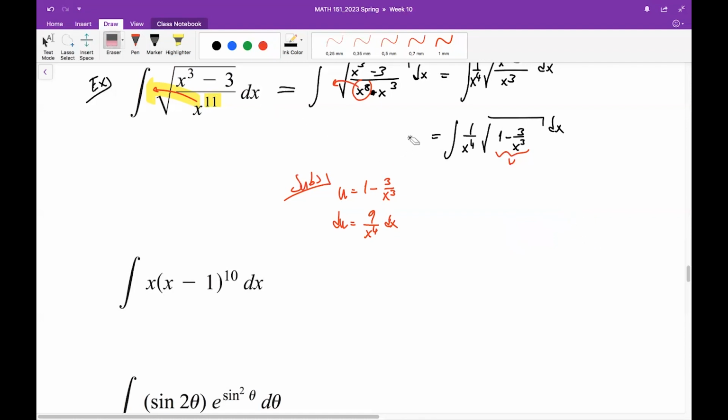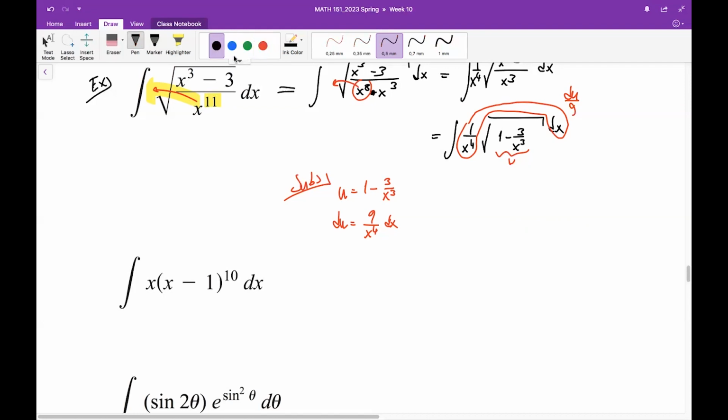Okay, and then you see this is working because what we have here, let me mark again, this part is exactly here, dx over x to the power 4. Just send your coefficient to the right-hand side. This is du over 9, right?